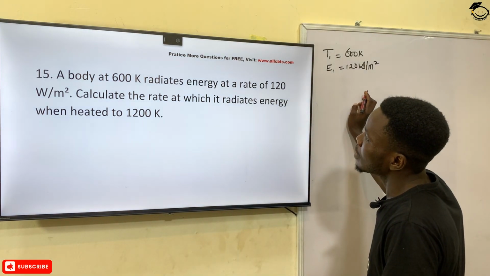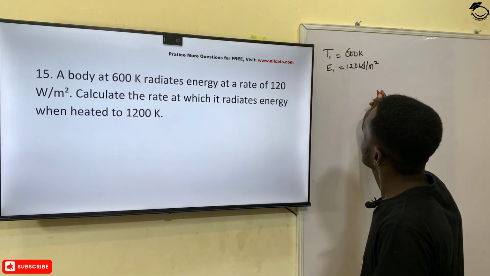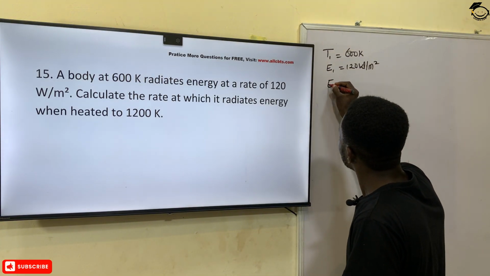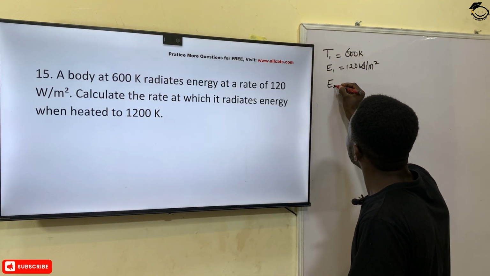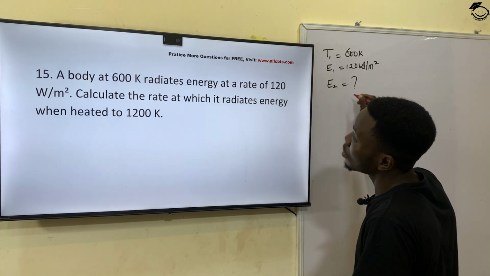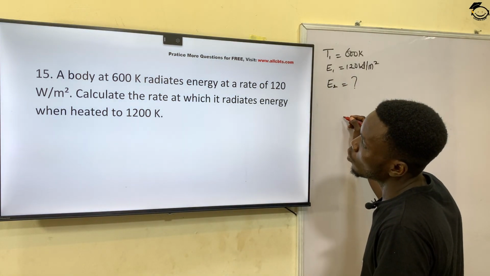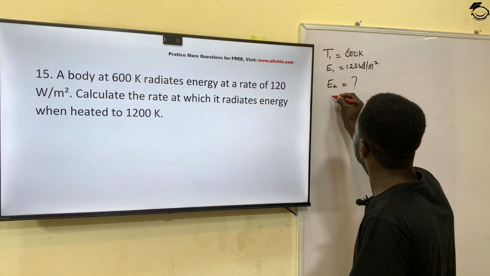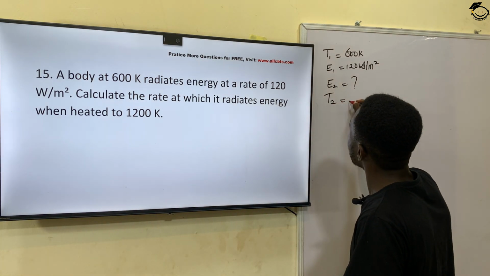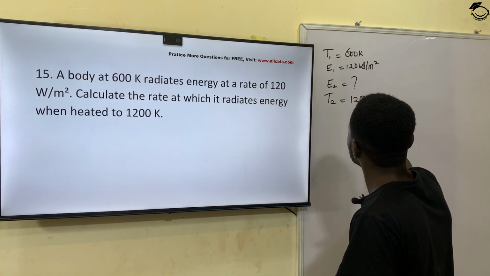Calculate the rate at which it radiates energy. So we are looking for a new energy, E2, unknown, when heated to 1200 Kelvin. So we have T2 as 1200 Kelvin.